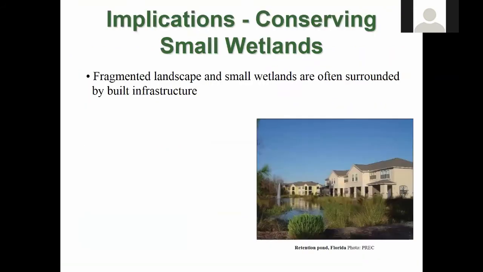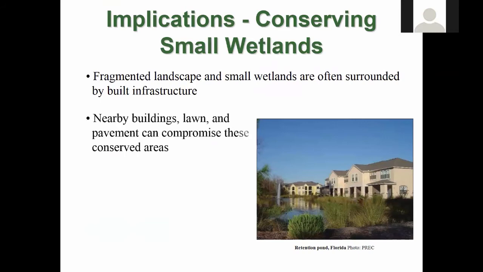The other thing I would like to highlight is about conserving all wetlands. Now, I say this with a little grain of salt here, but conserving all wetlands can actually decrease the natural resource conservation value for a property. You can imagine a very fragmented landscape with small wetlands that are surrounded by built infrastructure.